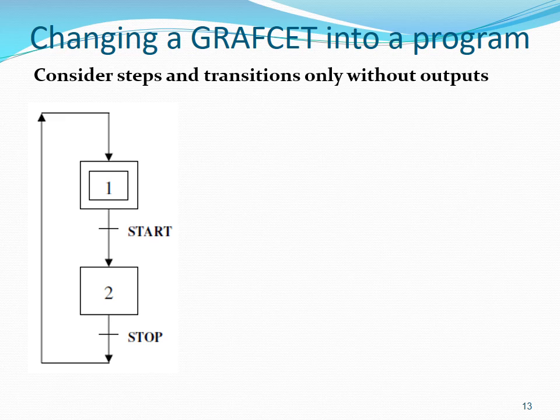The steps are represented internally in the PLC using memory bits that are respectively named step 1 and step 2 for the purpose of generating the program. The internal bits are also known as auxiliary relays. The bit step 1 is set when the system is in step 1. The bit step 2 is set when the system is in step 2.